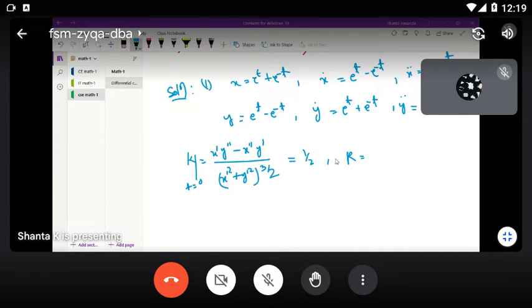I have written it. Now the second one, solve it and tell me.